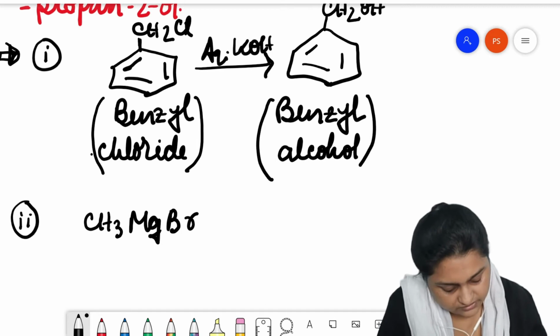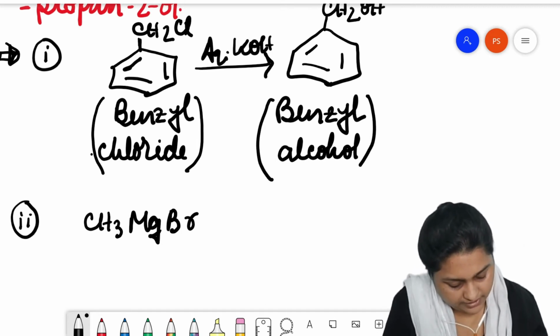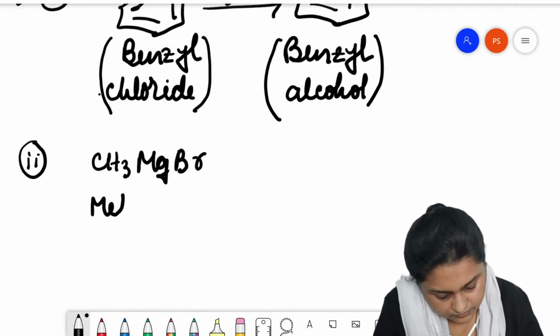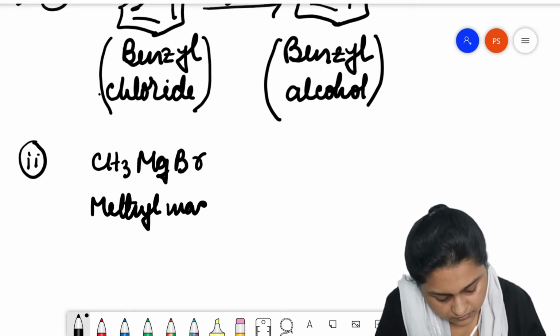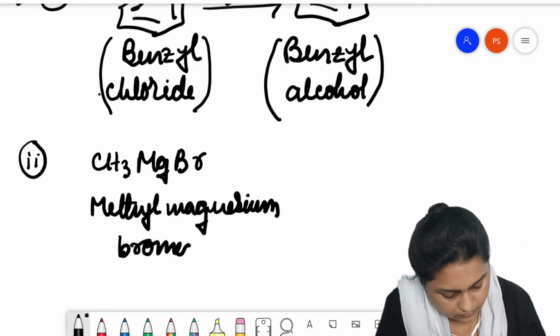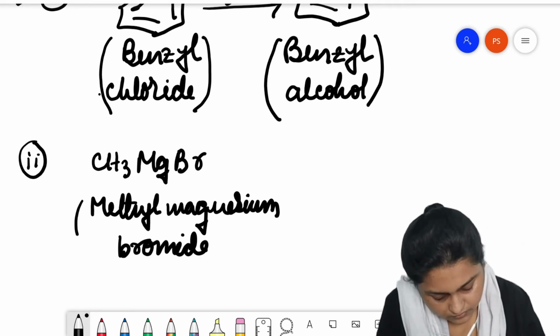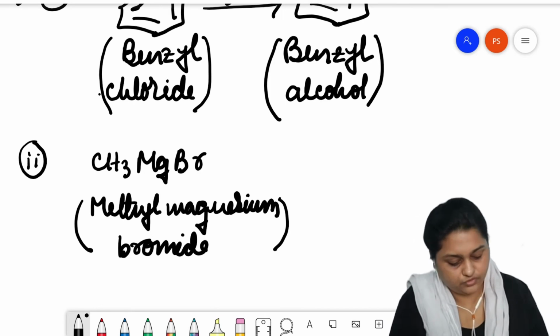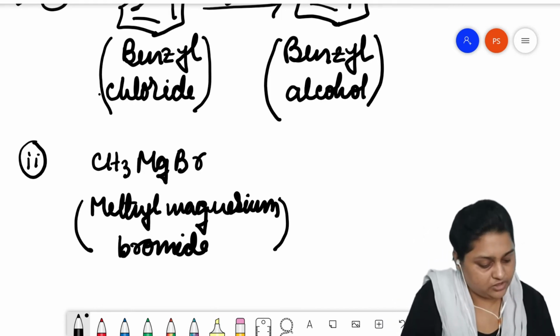Methyl magnesium bromide is CH3MgBr. And we need to convert that into 2-methyl propan-2-ol.